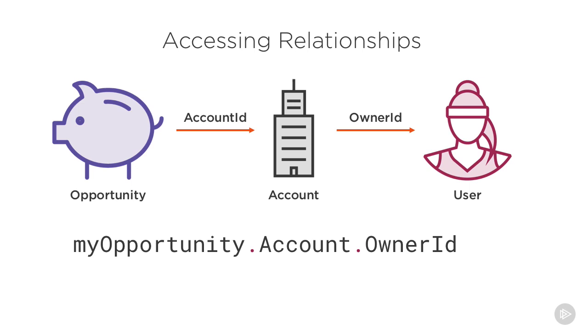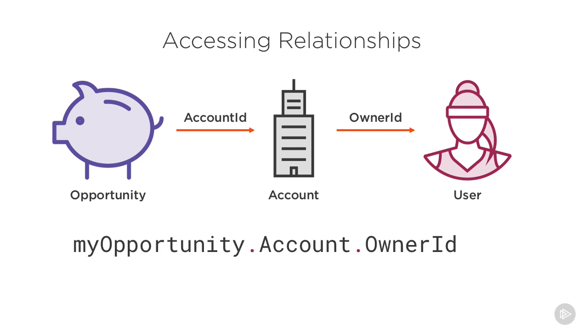Now let's say you have an opportunity variable and you want to jump across relationships and access a field from the opportunity's account. Again, we use dot notation, this time chaining it together. The first dot lets us access the Account relationship, and the next dot lets us access the account's field.